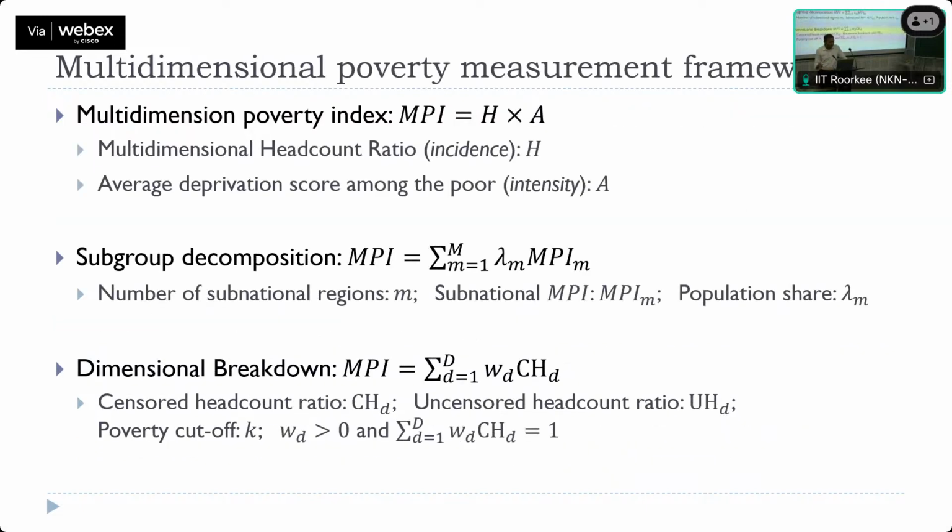Okay, so these are the basic concepts I'm repeating, but you already know. If you are working with this MPI, this particular global MPI or Indian MPI, however you call it, then you have H, A. You have already discussed what subgroup decomposition is, dimensional breakdown is, you know all these things at this moment.